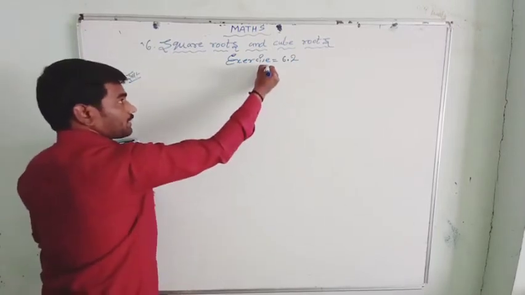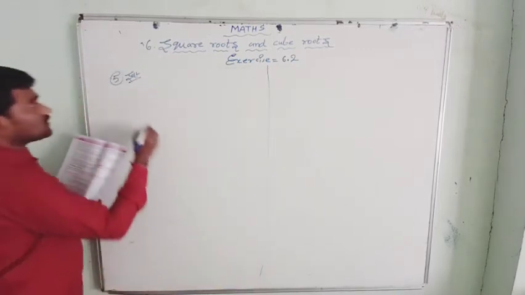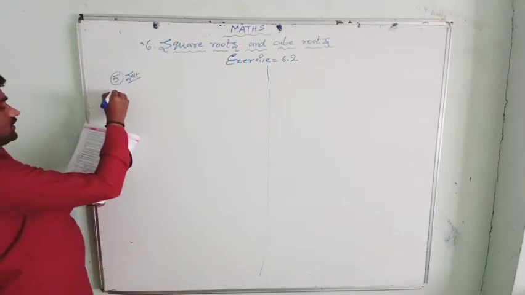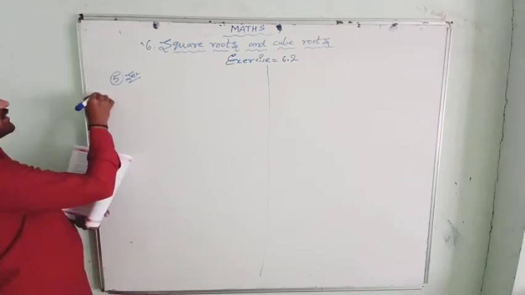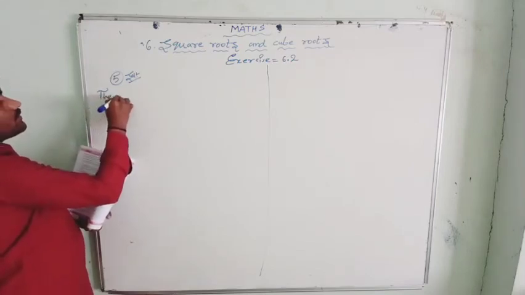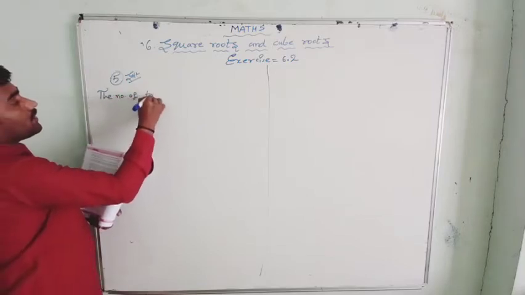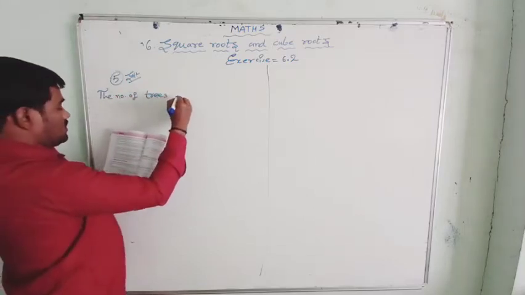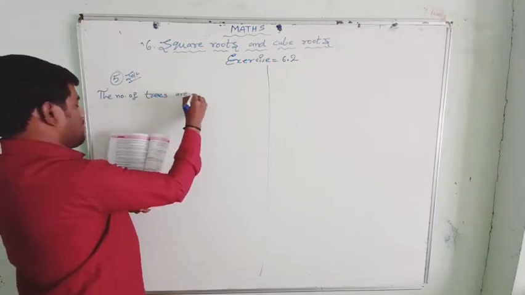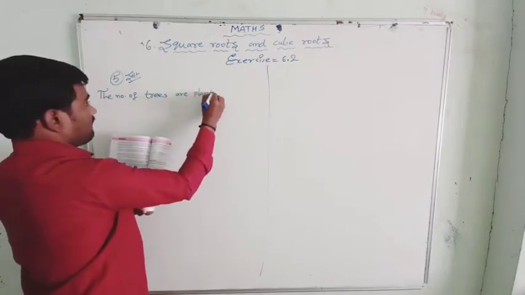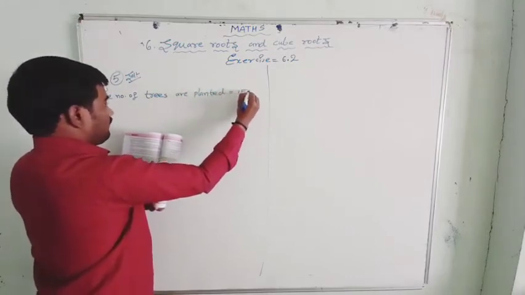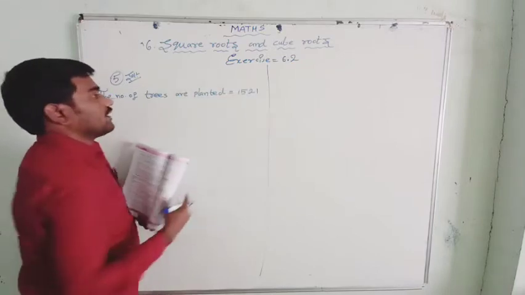So let us find out this fifth one. The number of trees planted is equal to 1521.